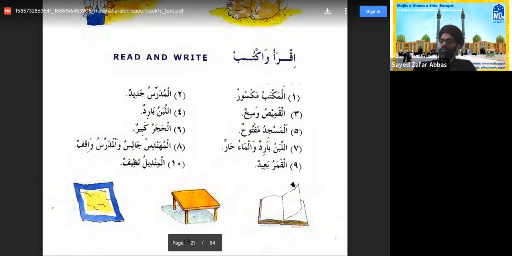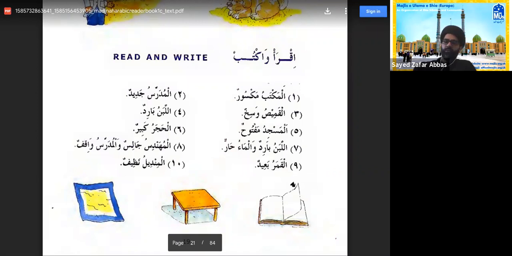Al-labanu barid, wal-ma'u har, the milk is cold and the water is hot. المهندس جالس والمدرس واقف. The engineer is sitting and the teacher is standing. القمر بعيد. The moon is far away. المنديل نظيف. The handkerchief is clean.